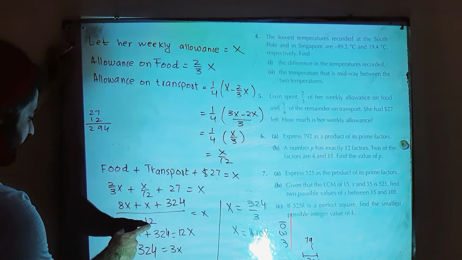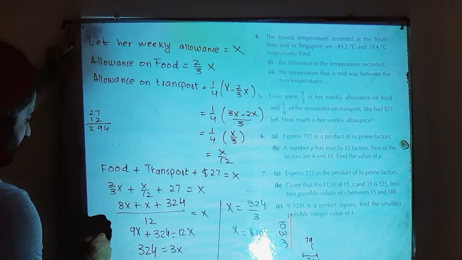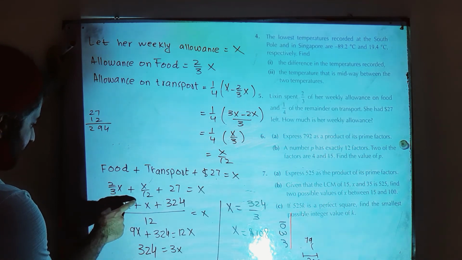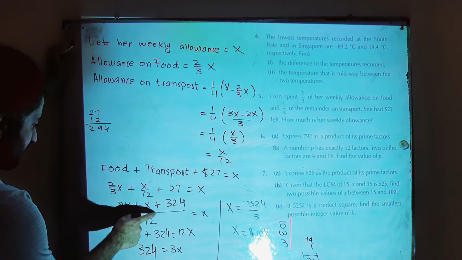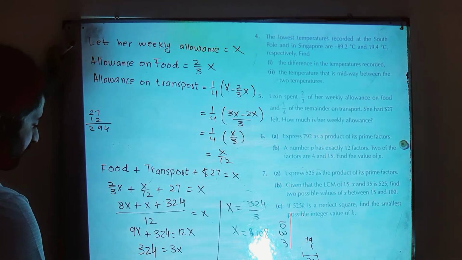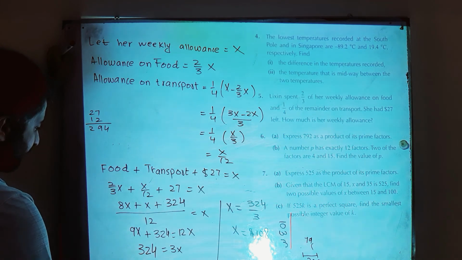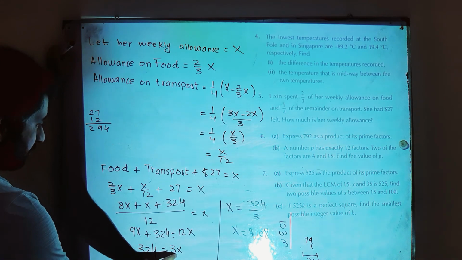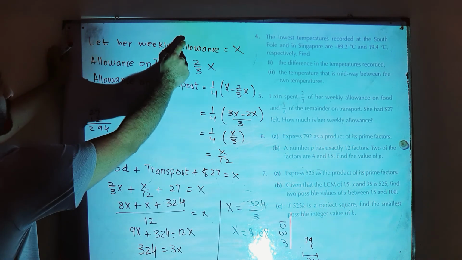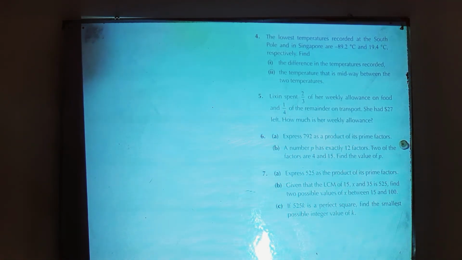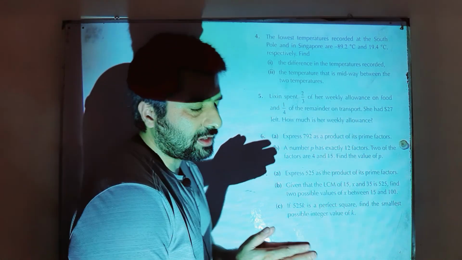Take the LCM, that is 12. It will be 8x plus x plus 12 into 27, which is 324, equal to 12x. So 9x plus 324 is equal to 12x. From here you can find the value of x, the weekly allowance: $108. So this is the solution up to question number 5 of this 9A.